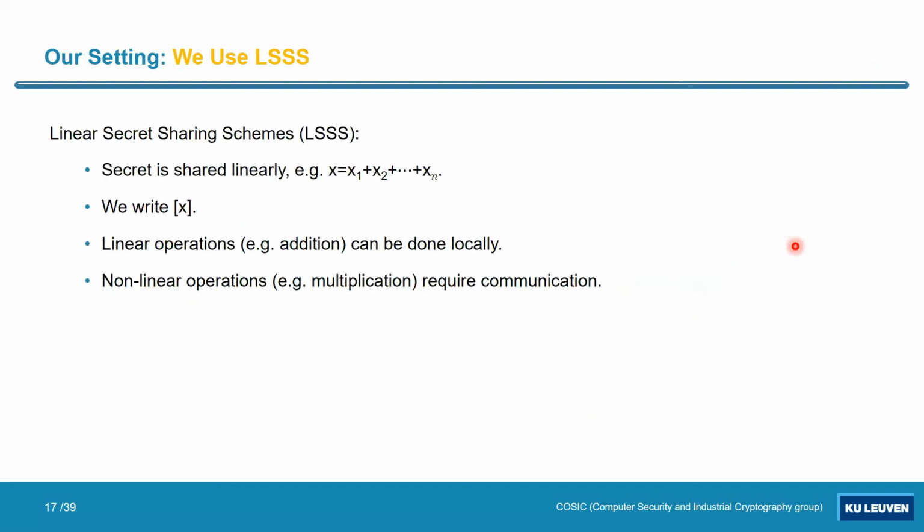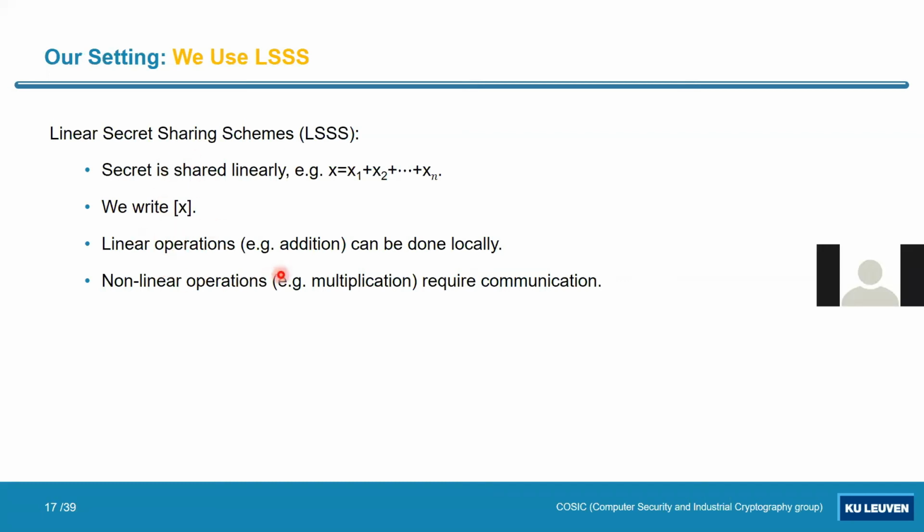In our paper, in our protocol, our setting uses linear secret sharing, which means that a secret is shared linearly, like in this example. This is additive secret sharing, and we write X in brackets, which means X is secret shared.